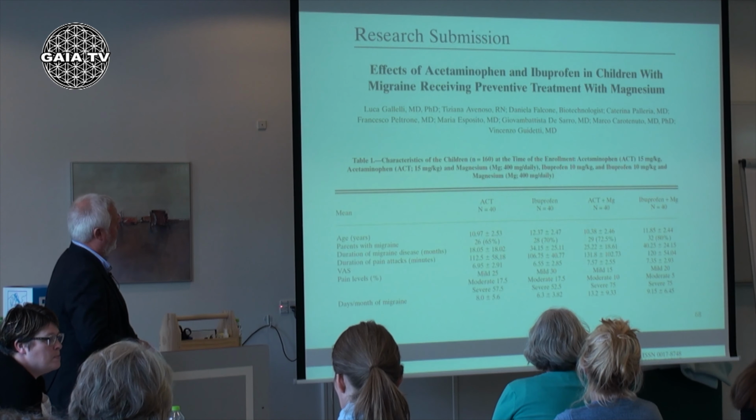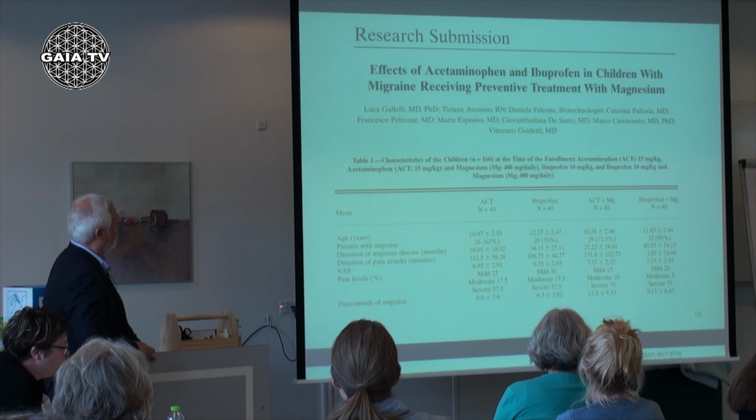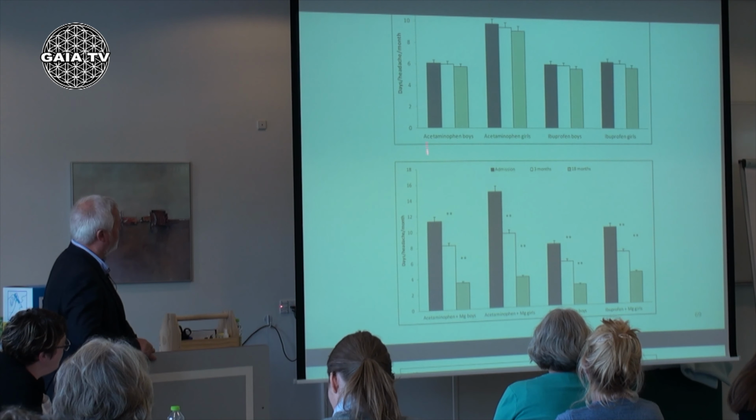And there's another study, a recent study in children with migraine. I won't go into details here, but these were boys and girls that received acute pain medication, acetaminophen or ibuprofen, against their migraine attacks, or they received this and in addition magnesium.